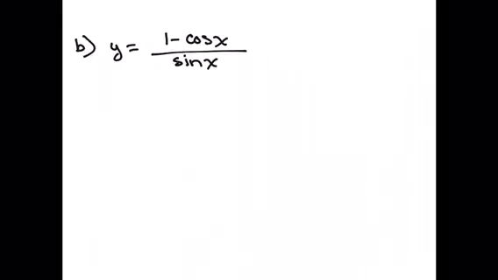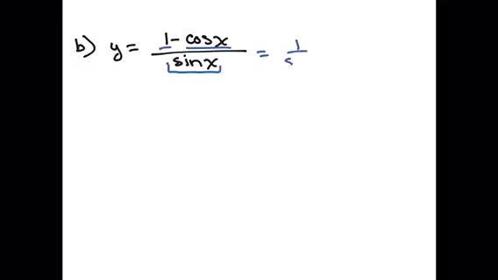Okay, now let's try another problem. 1 minus cosine x over sine x. Now, I could use the quotient rule on this. However, when I look in the denominator, I see a single term. In this instance, I see two terms in the numerator, which means I can split this into separate fractions.